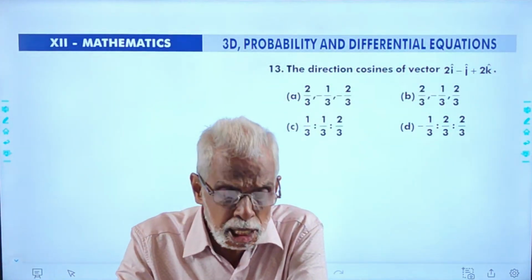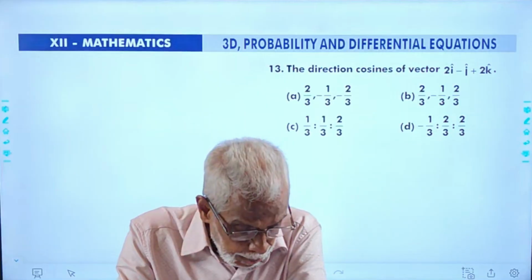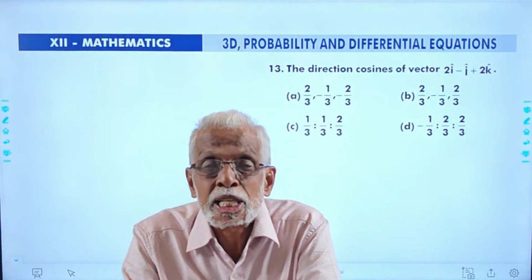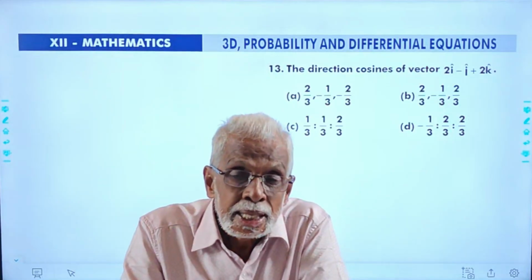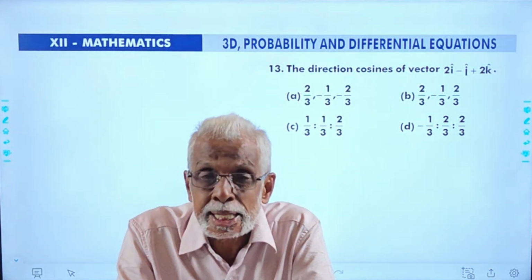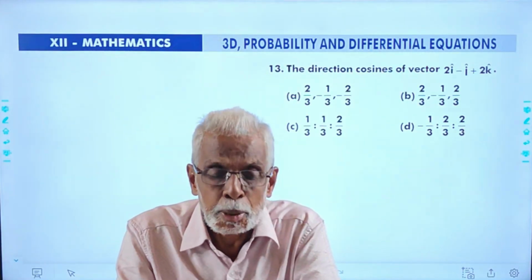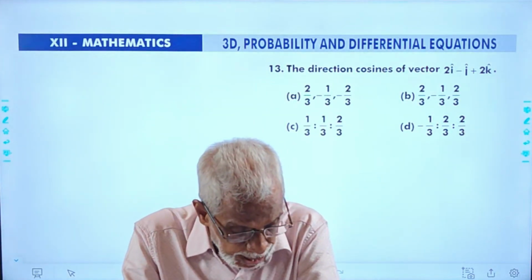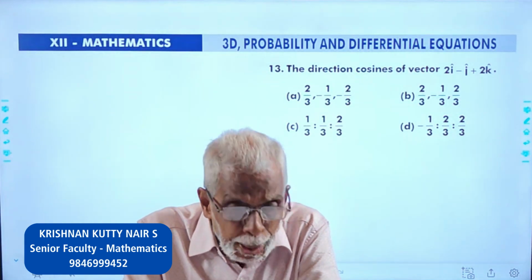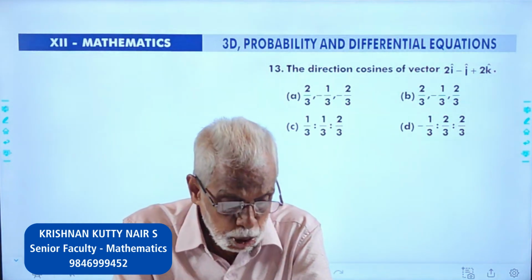The direction cosines of the vector 2i minus j plus 2k. If R is equal to xi plus yj plus zk, then you know l is equal to x by modulus R, m is equal to y by modulus R, n is equal to z by modulus R. Here a is 2, b is minus 1, c is 2.